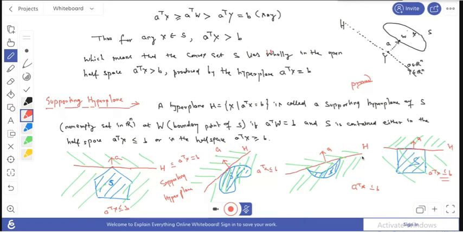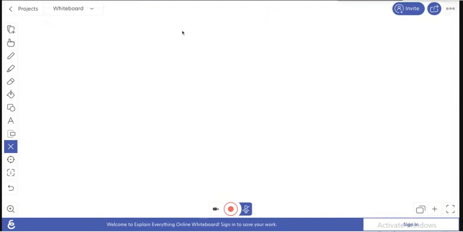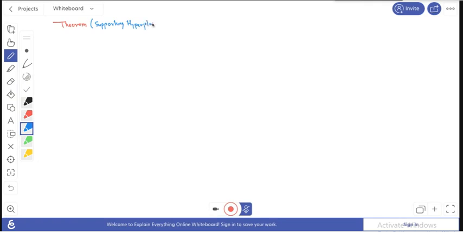So now we go to the theorem that is known as the supporting hyperplane theorem. Okay, so what is that? Next page. Theorem: the supporting hyperplane theorem.